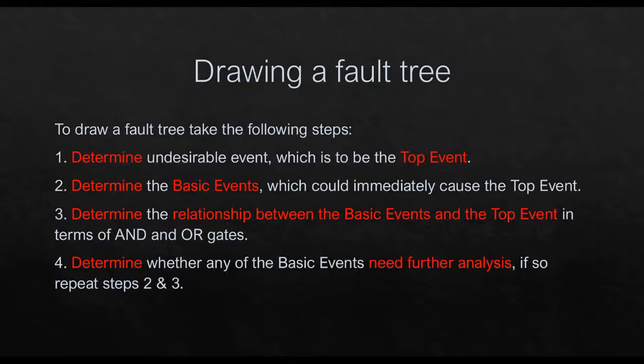The third step is to determine the relationship between the basic events and the top event, using either AND or OR gates. The last step is to determine whether any of the basic events need further analysis or not. If an event needs further analysis, then we do not use the circle symbol. We use the rectangle symbol.